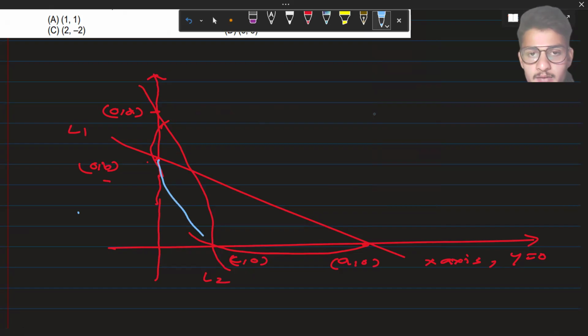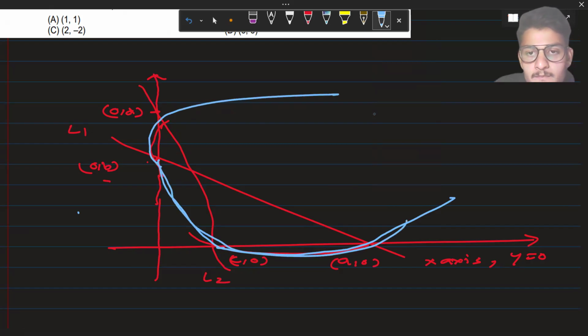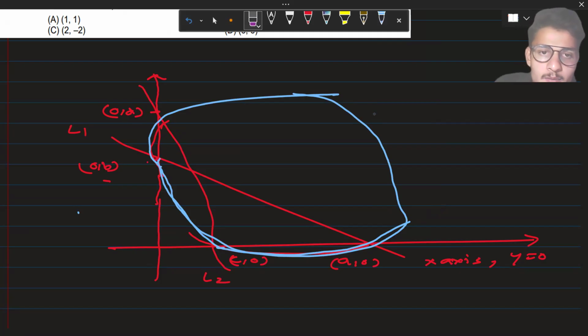These four points will form a circle. This kind of problem is this. These 4 points are lying on the circle.